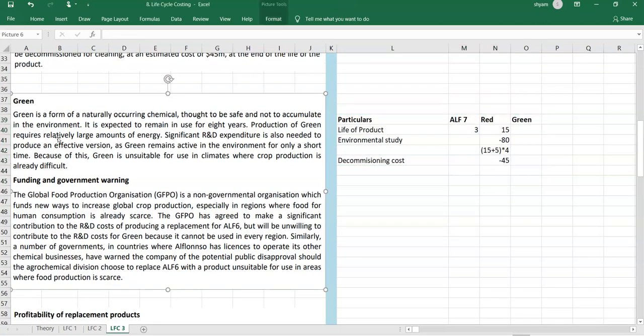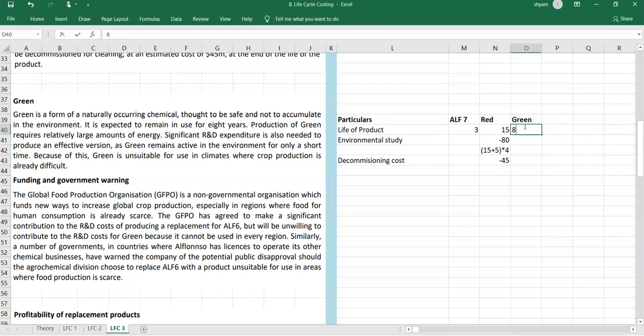Let's look at green. This is expected to remain in use for 8 years.